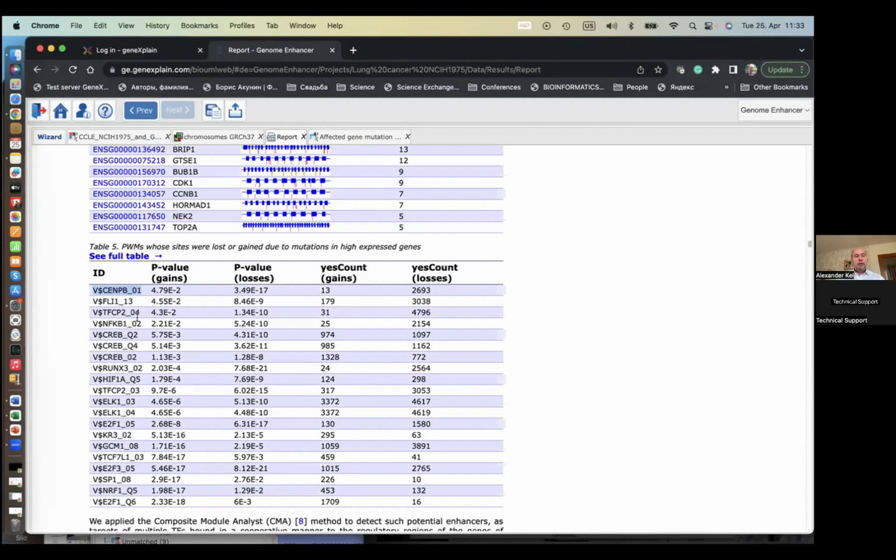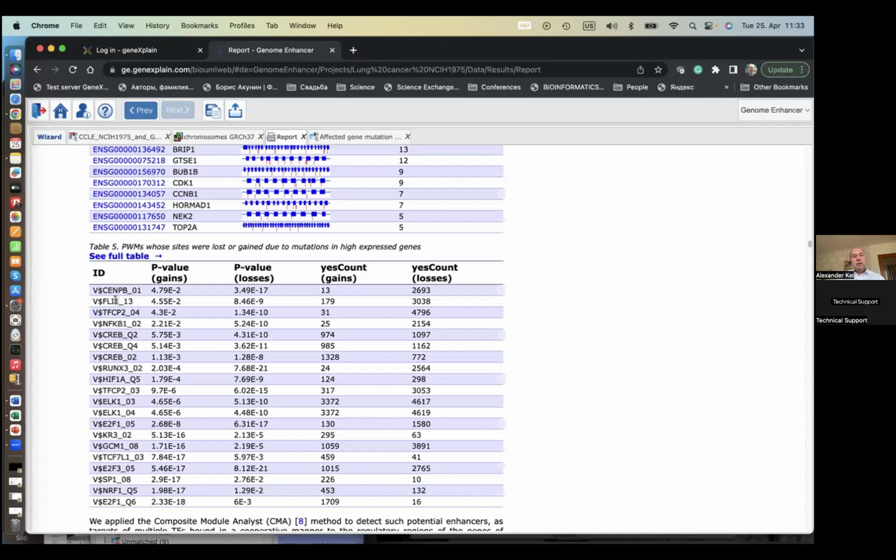I didn't tell you, but probably you know already that it has such a complex name. So V stands for vertebrates. In TRANSFAC we have matrices for various phyla, so for plants, for Drosophila a bit, but most of the stuff there is about the motifs in vertebrate genomes, mainly in human, mouse, and rat, but also sometimes in other mammal genomes.